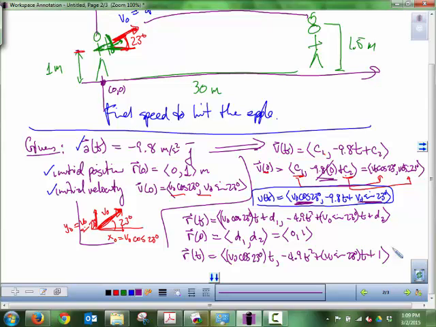So now we have the position vector, and with it we should be able to tell everything about this particular projectile. Are we good?